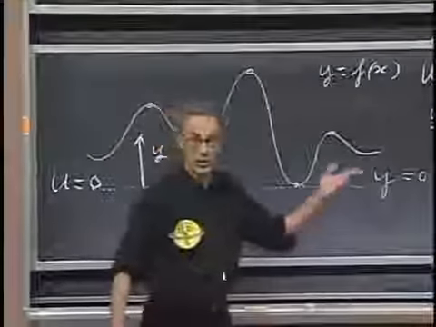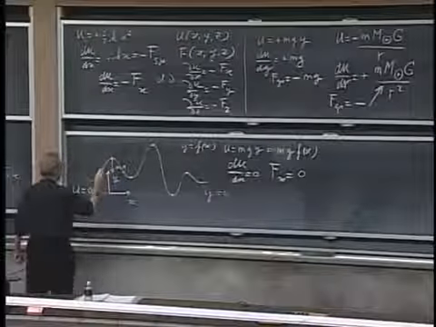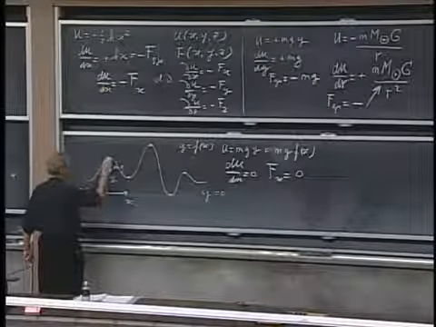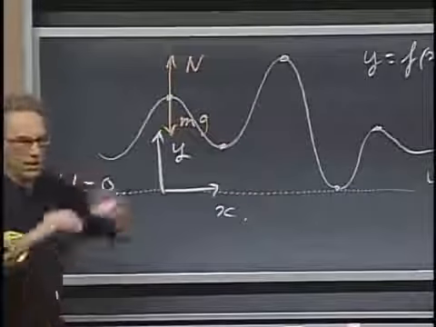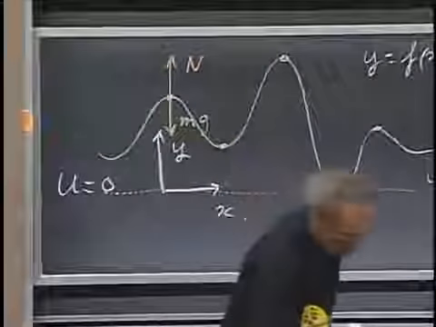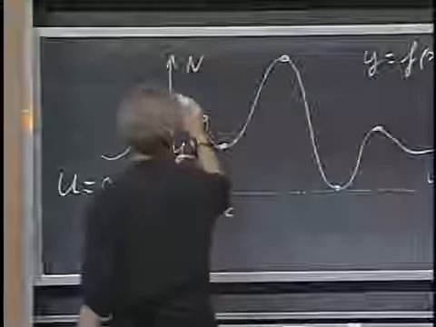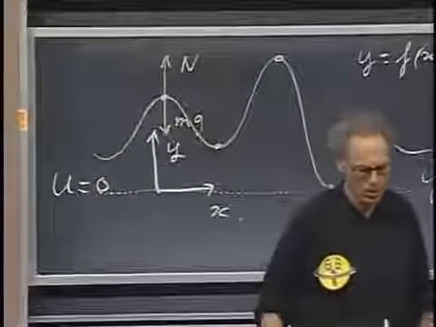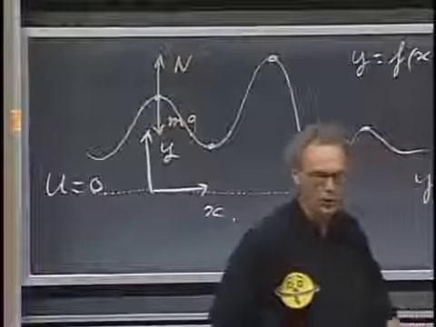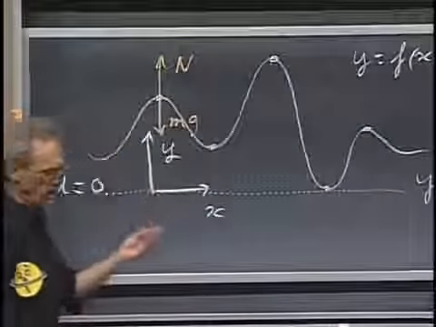So if we visit those points, for instance here, then there is of course gravity, mg, if there's an object there, in the minus y direction, and there is a normal force in the plus y direction, and these two exactly cancel each other. So the net result is that here, here, here, here, there is no force on the object at all, so the object is not going to move, it's going to stay put.